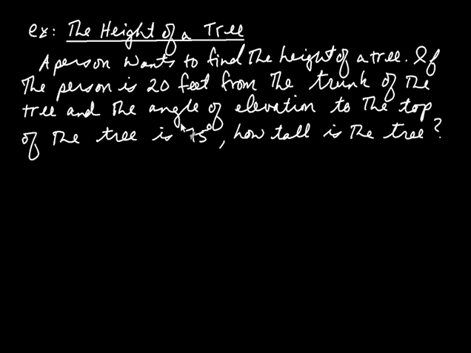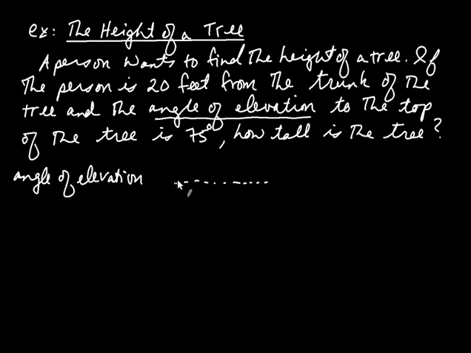Okay, first of all, there's a new phrase in here, and that new phrase is the angle of elevation. Let's define that. The angle of elevation. All we mean by that is if you were looking horizontally out into the horizon, and you saw something up like that, right there, that is the angle above the horizon.